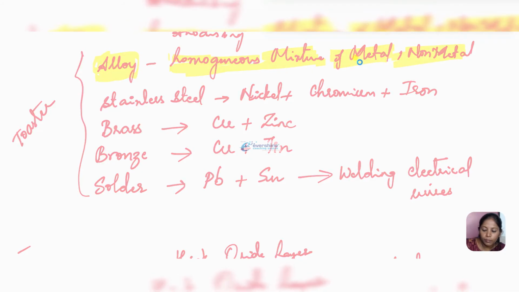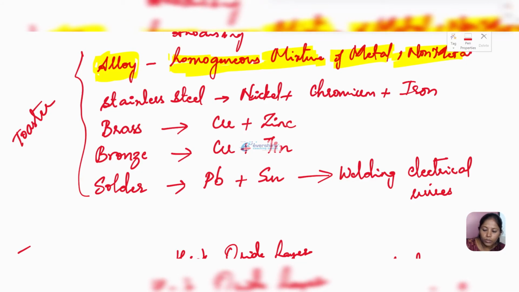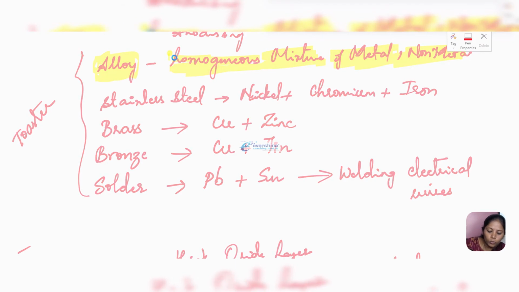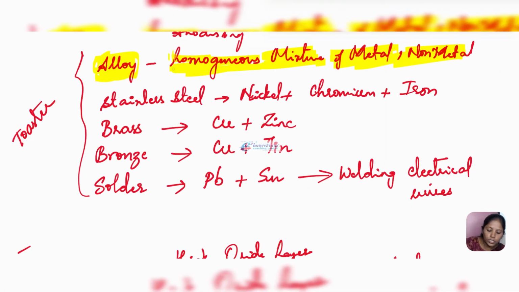Metals and metals can be mixed, or metals and non-metals can be mixed, to form an alloy. Here one word is given, homogeneous. What do you mean by homogeneous? Homogeneous means it should be completely mixed. Such homogeneous mixtures of metals and non-metals are called alloys.